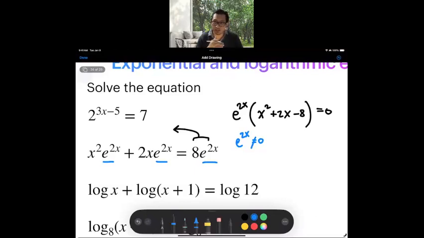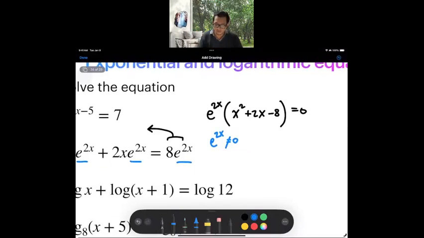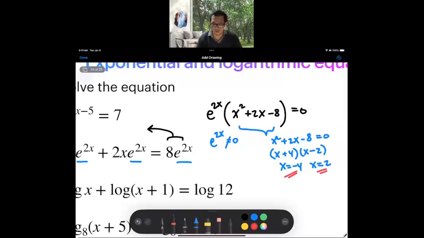Every number that we put inside the exponent always gives a positive value. It cannot be 0, so we only care about this. Basically, this is a simple quadratic equation which we can factorize easily. So x is -4 or x is 2, and that's the answer.